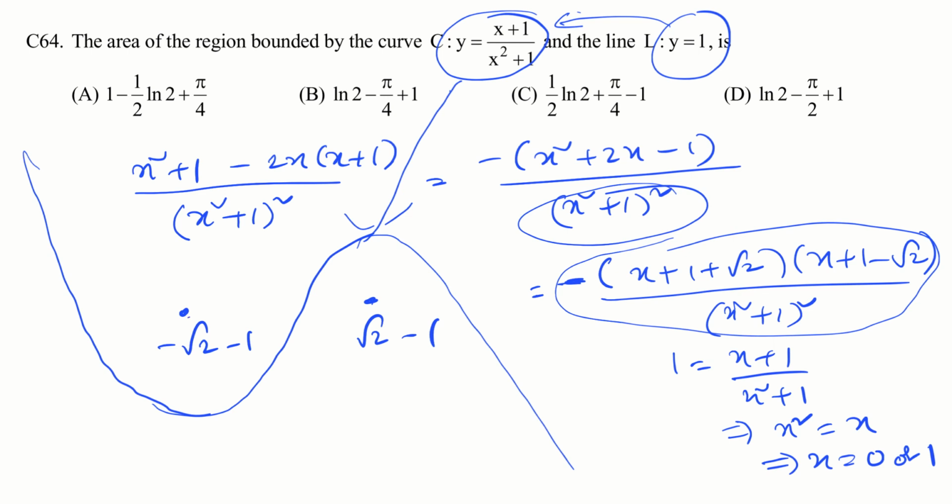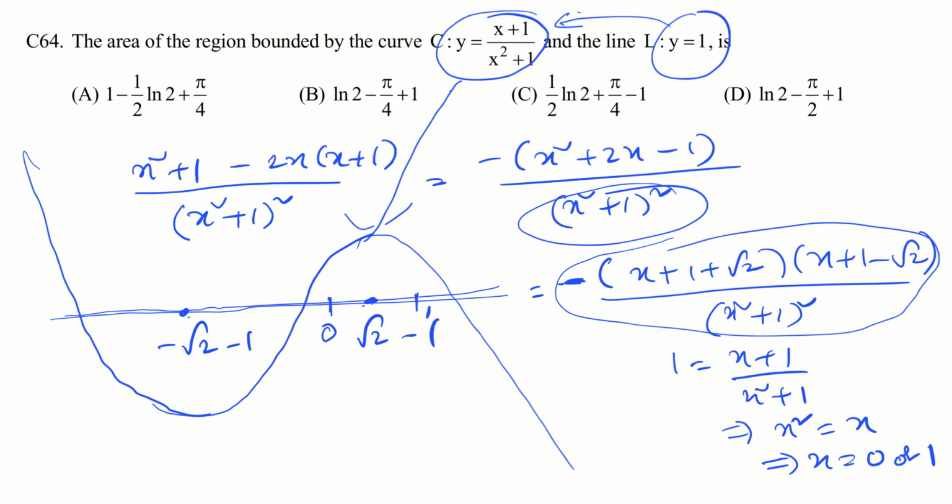You see, this is a rough representation only, not the exact position of the x-axis. Now you can see that 0 lies this side, and suppose this is 0 and somewhere here I have 1.